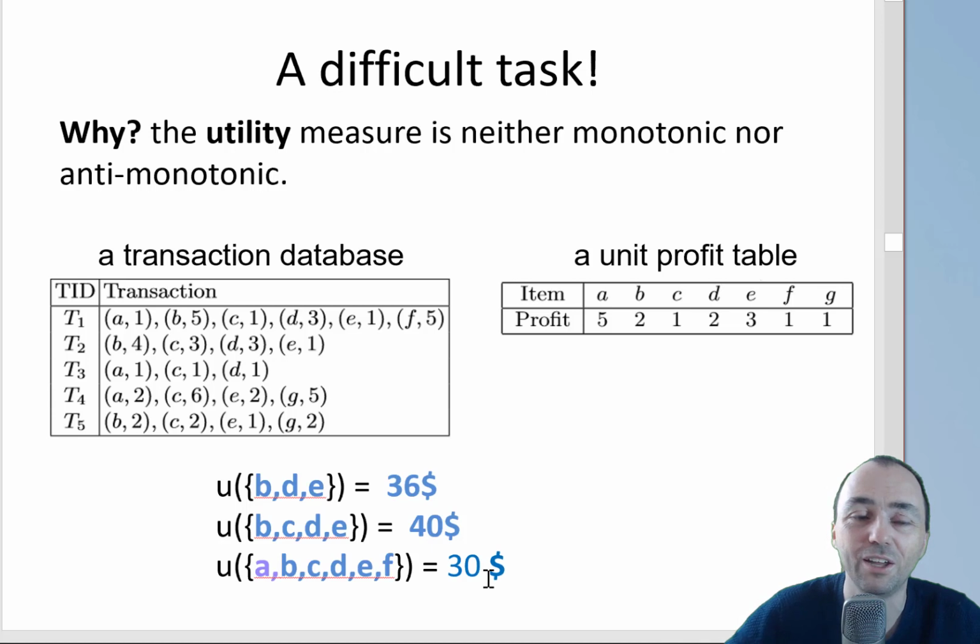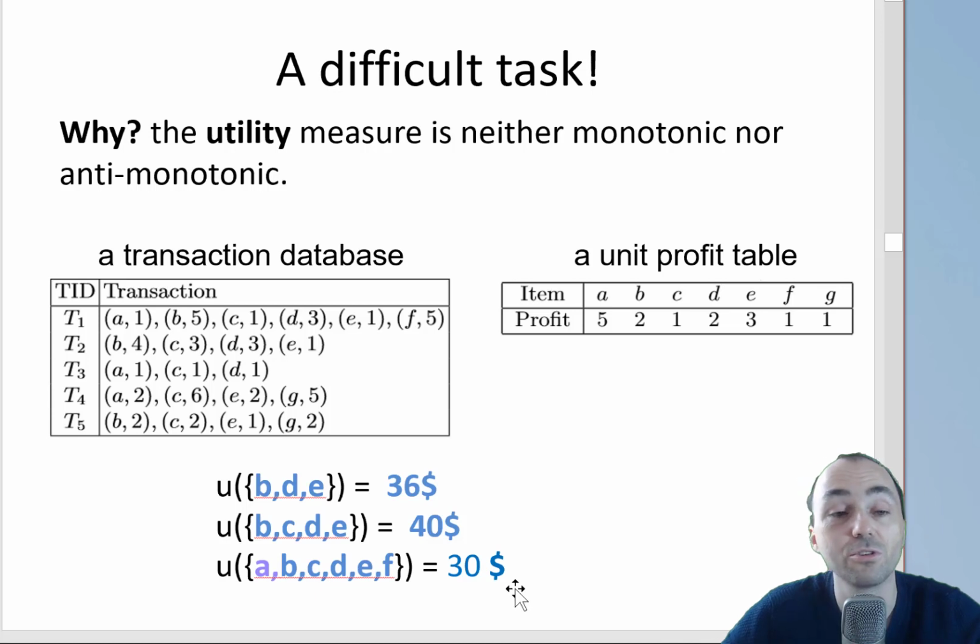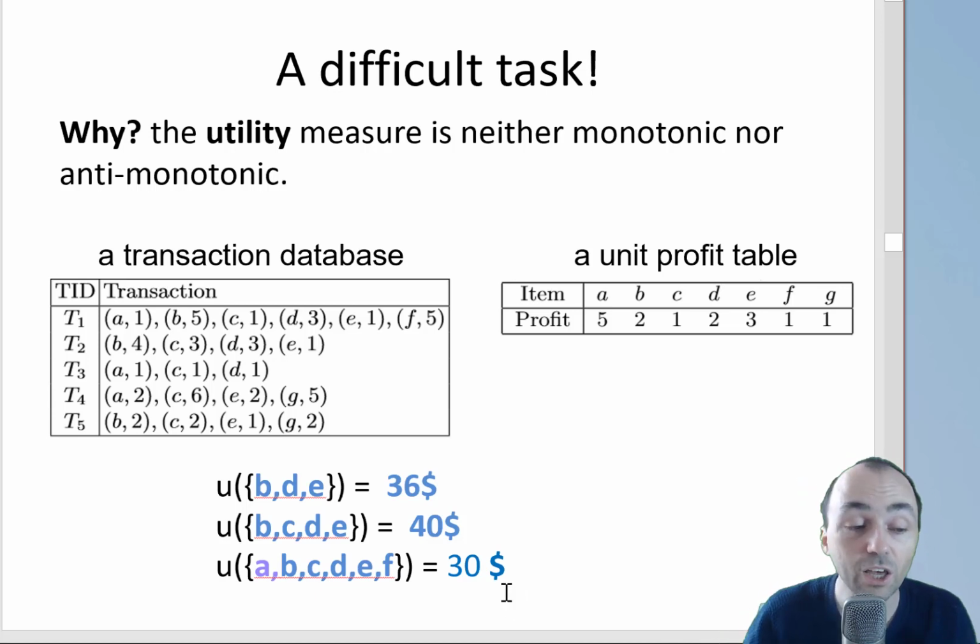Maybe you want to know why. There's a reason: with ABCDEF, you buy more things, but there are fewer people who will buy all these things together. So the money will decrease also. Because of this, we cannot use the frequent pattern mining algorithms to solve this problem.